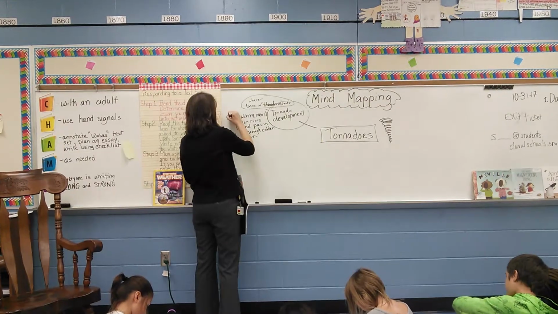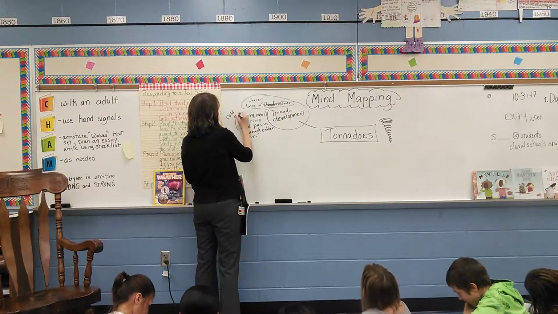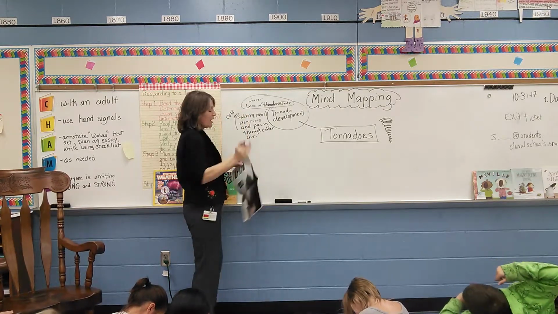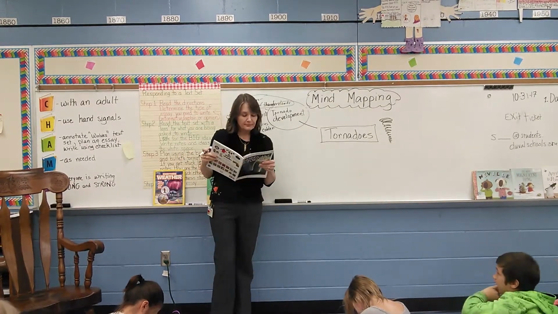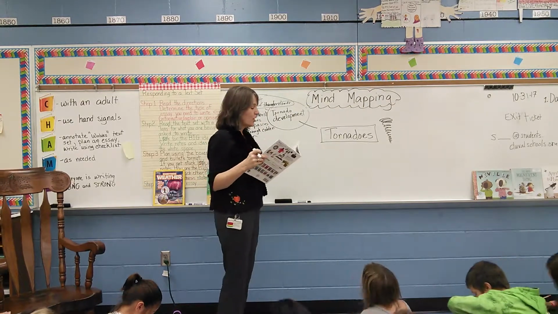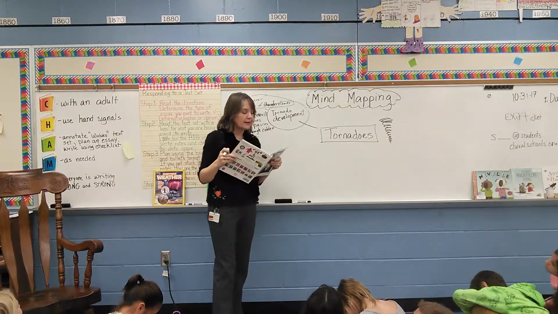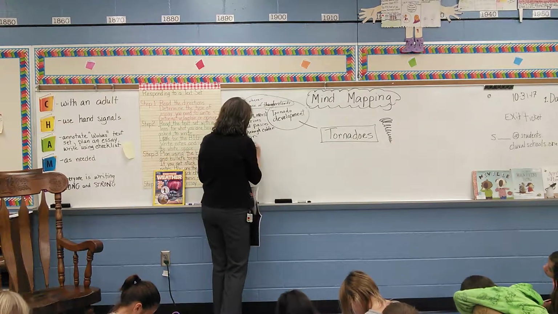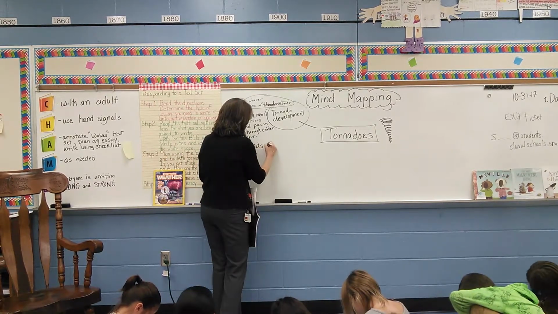So I'm going to have my cold air. It's passing through cold air. It's going up through the colder air. This draws winds that are already circulating in the storm into a high-speed whirl. So winds, whirl.